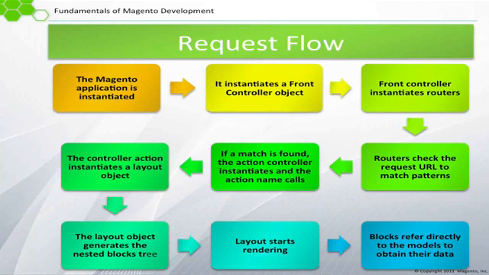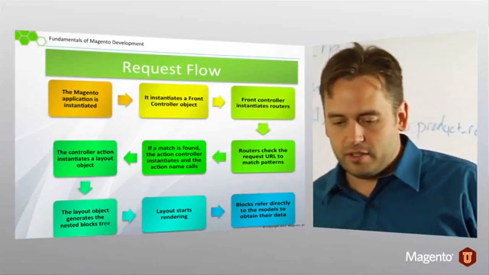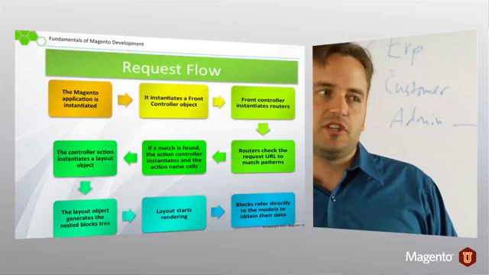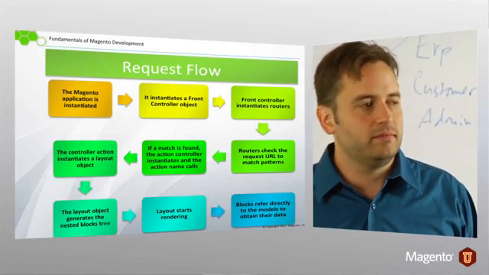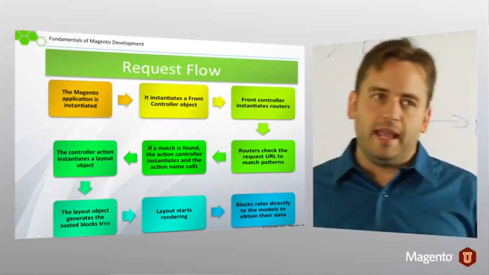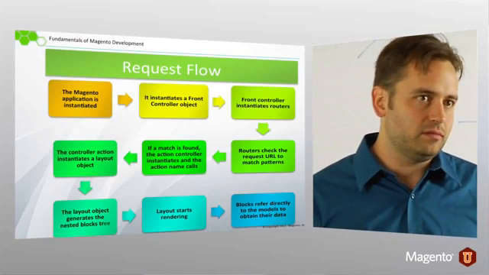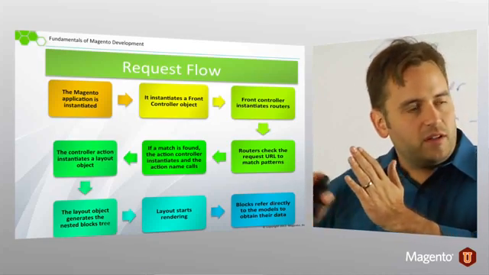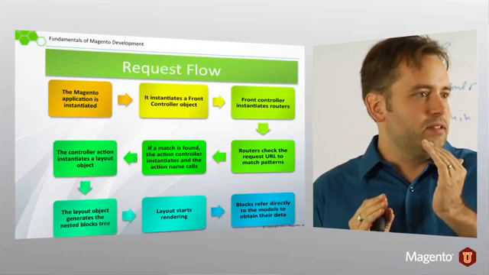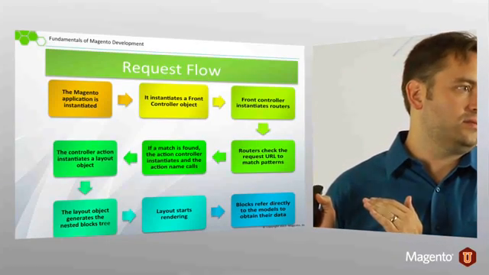Now, if the match is found, then we start. Basically, finding the match means connecting configuration to some module controller space. And a match will involve both the controller file and the path on which that file is found, and a method inside that file.